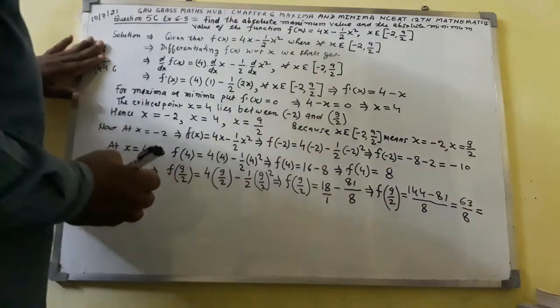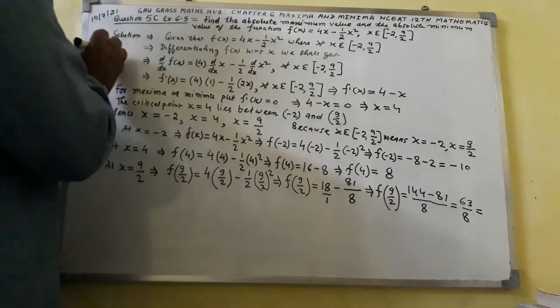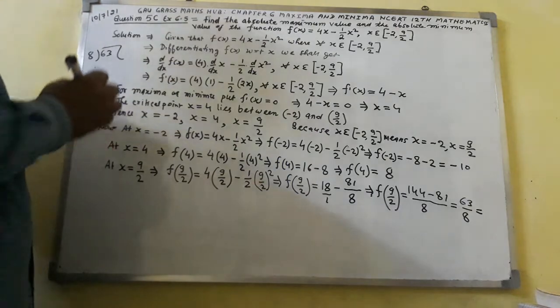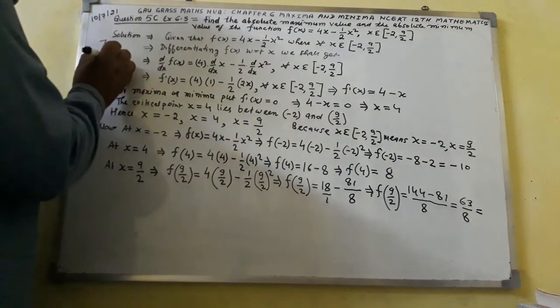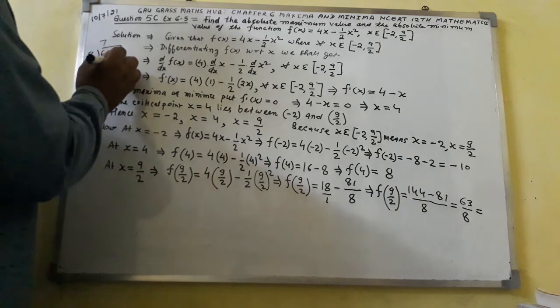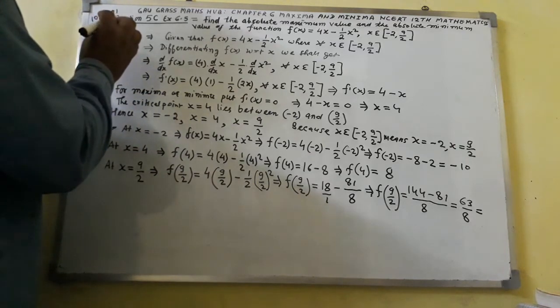63 divided by 8. So 63 divided by 8, 7 times 8 is 56, you will get here 13. 13 minus 6, 7, 0 point, and 8 times 8 is 64.